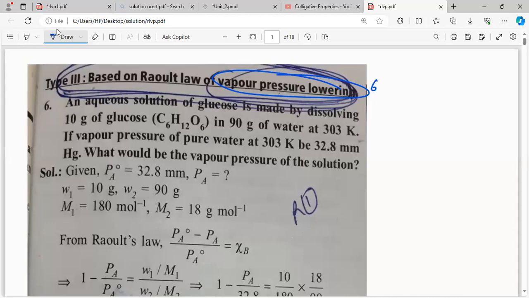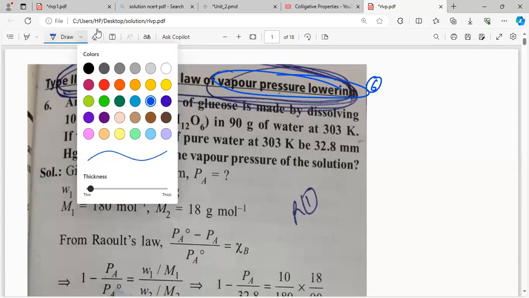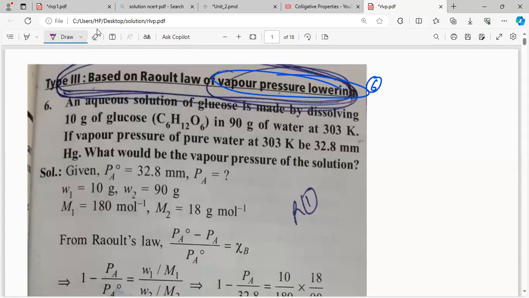Question number 6, I am doing here. One question I am doing, the remaining you do. What they are saying is, an aqueous solution of glucose is made by dissolving 10 gram glucose. 10 gram glucose means W2 is equal to 10 gram. M2 is how much? 180 gram per mole. In 90 gram water, so W1 is 90 gram and M1 is 18 gram per mole.